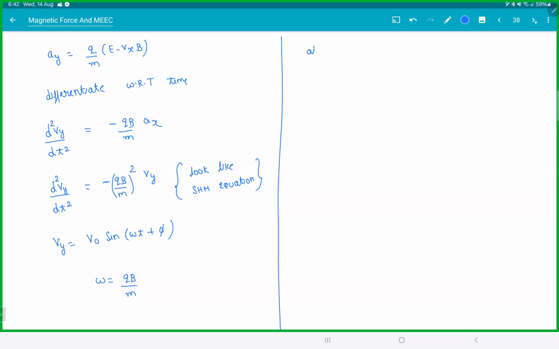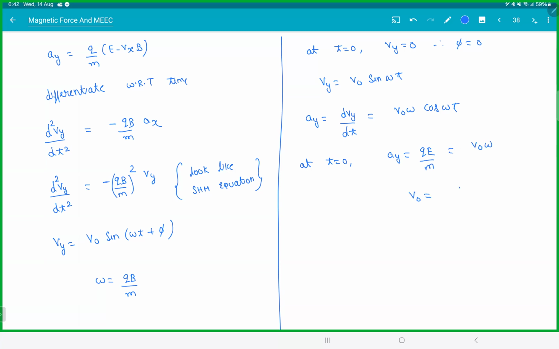Now at t equals 0, Vy is 0, therefore the phase angle is also 0. Perfect, so I got Vy equals V naught sine omega t. Now if I differentiate this, ay equals dVy by dt, this would be V naught omega cos omega t. At t equals 0, I know ay is qE by m. This turns out to be V naught omega.